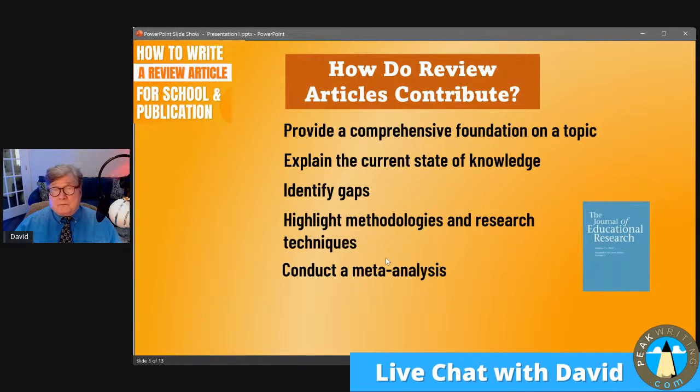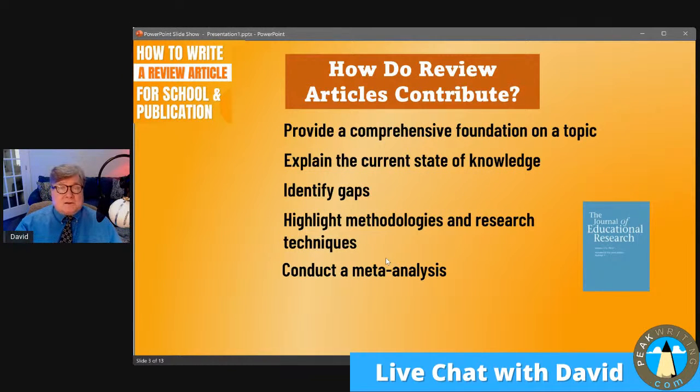Another important value of these review articles is that many of them provide what is called a meta-analysis. A meta-analysis uses statistics from a large number of articles, sometimes 300, 500, sometimes even, I've read them in government publications, over 1,000 articles.